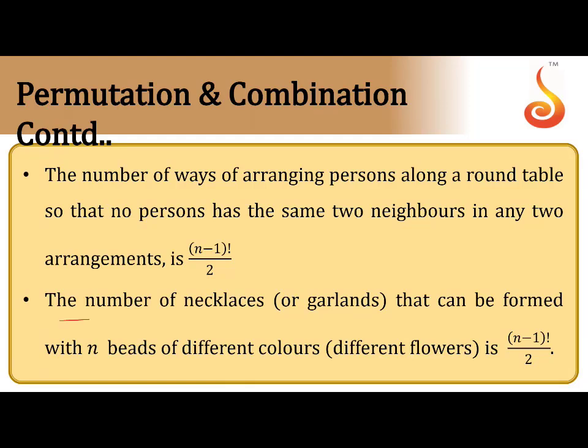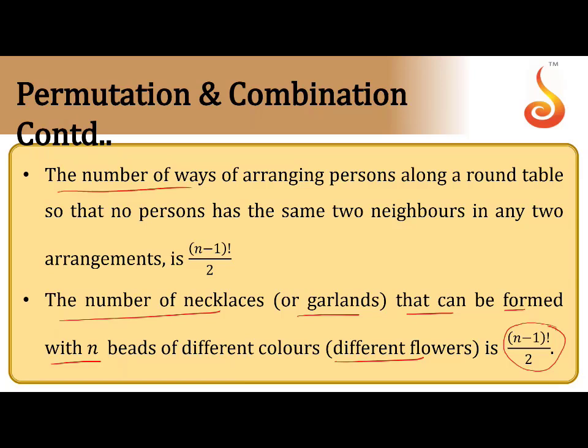Keep in mind, the number of necklaces or garlands that can be formed with n beads or n flowers is nothing but n minus 1 factorial by 2. So when you form a necklace or garland, the order will be the same, clockwise and anti-clockwise arrangements are same. Therefore, the number of arrangements will be n minus 1 factorial by 2.